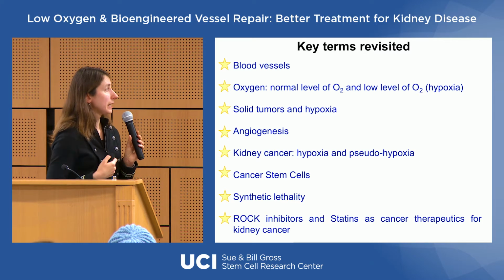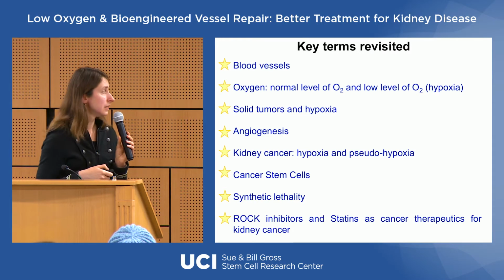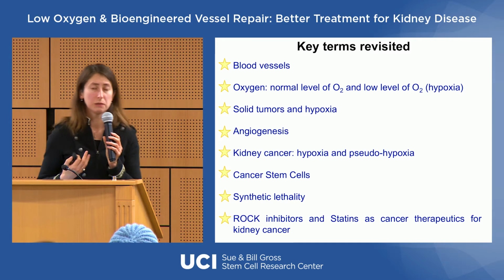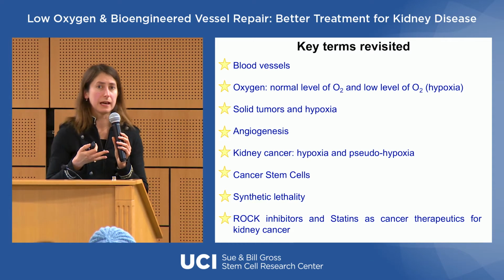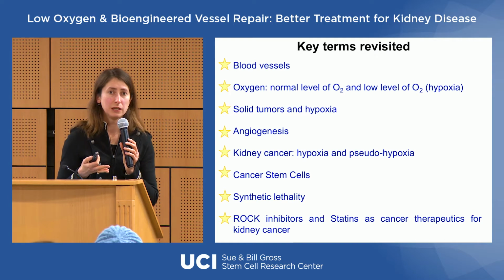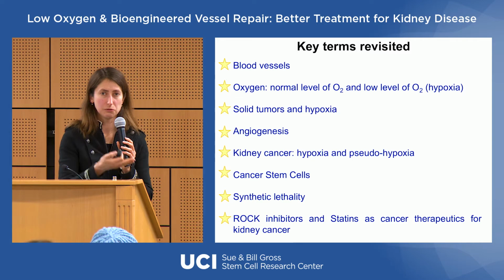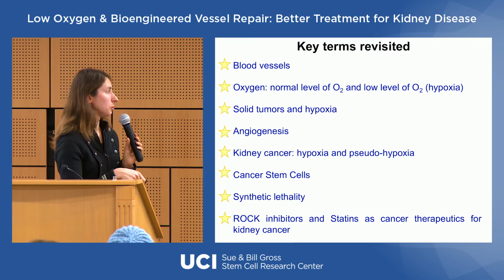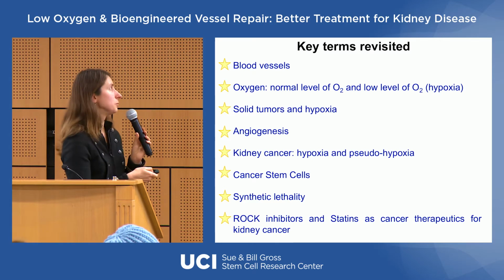I told you about cancer stem cells, which prefer to reside in hypoxic regions. And then I introduced to you the synthetic lethality concept when we talked about gene A and gene B, and how in 80% of kidney cancers we lose the tumor suppressor gene VHL, which is our gene A, and then we are looking for the gene B to target for cancer cells to die. I also told you about the ROCK inhibitors and statins as potential cancer therapeutics.